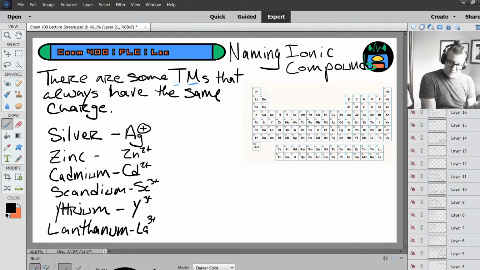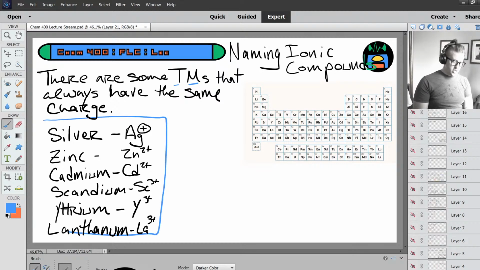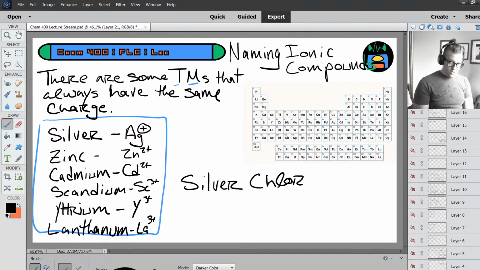Now, you do not have to memorize these. You don't have to have them memorized. But I want you to be aware that they exist. So if you are doing a lab write-up and something uses silver chloride, you're like, well, how do I know the charge on silver?